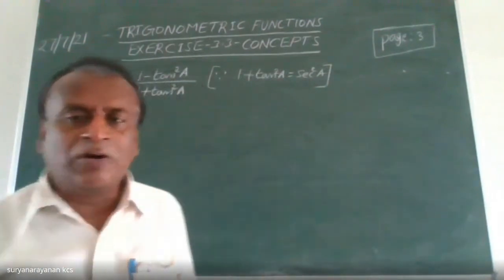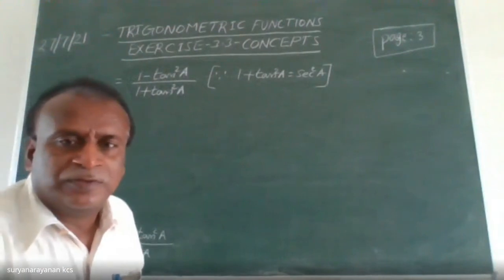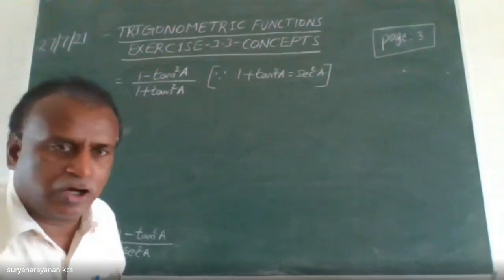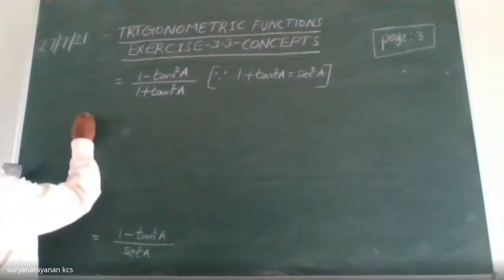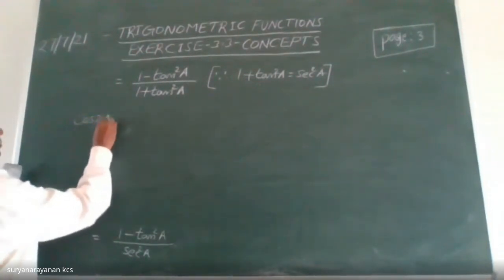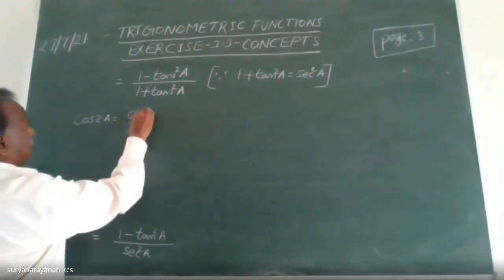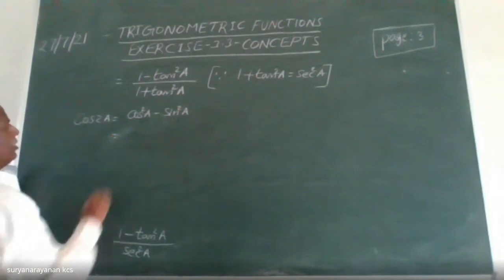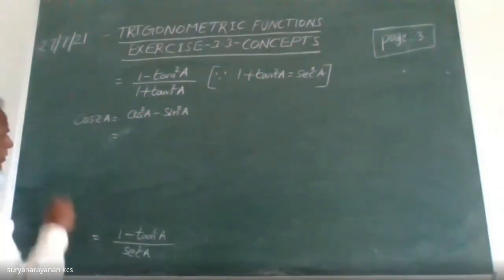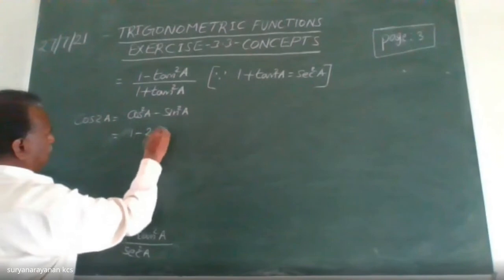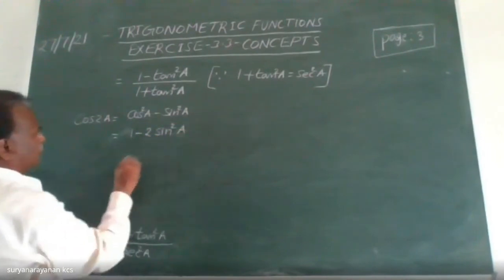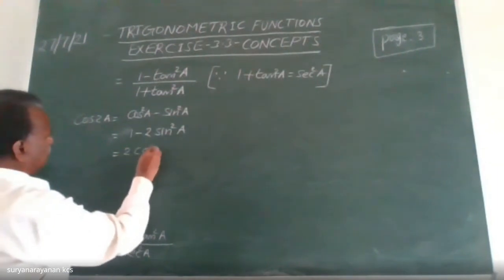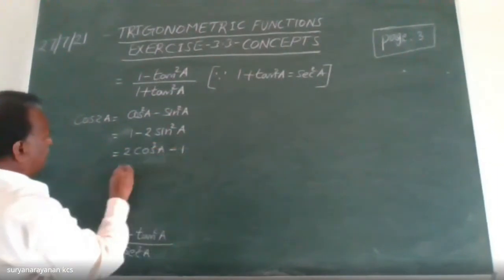So I will write all the four formulae. Generally we frequently use these formulae for cos 2a. Okay, mention cos 2a. Cos square A minus sin square A. Cos 2a is equal to 1 minus 2 sin square A. Cos 2a is equal to 2 cos square A minus 1.